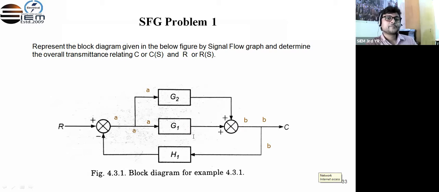Okay, so how many nodes are possible here? One is Y1, another node is here, that is Y2. It is common for the summing point and takeoff point. Another node is present here, that is Y3, and this is common for this summing point and this takeoff point. And another output value, say Y4.